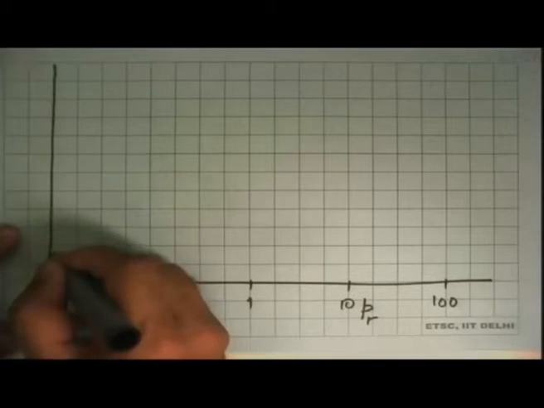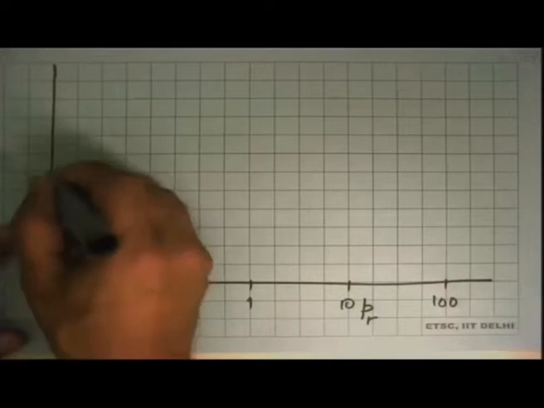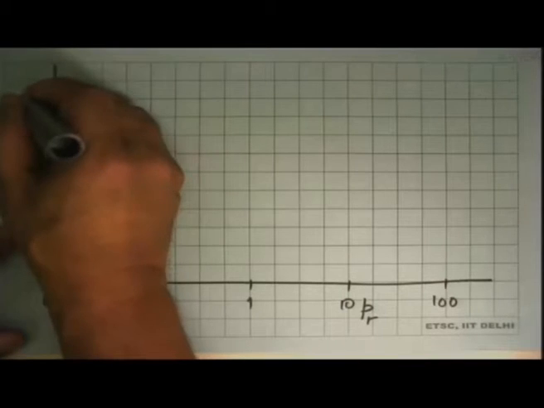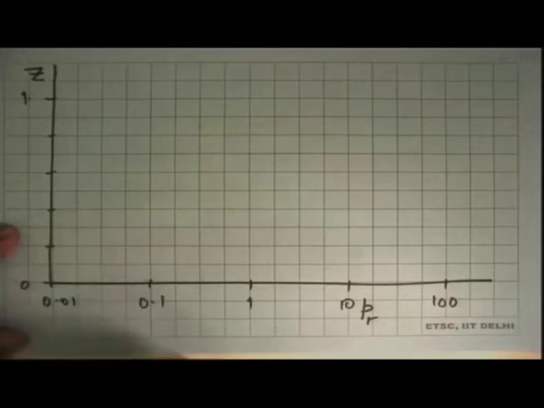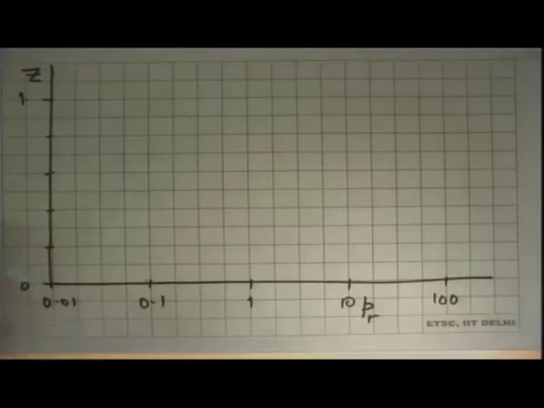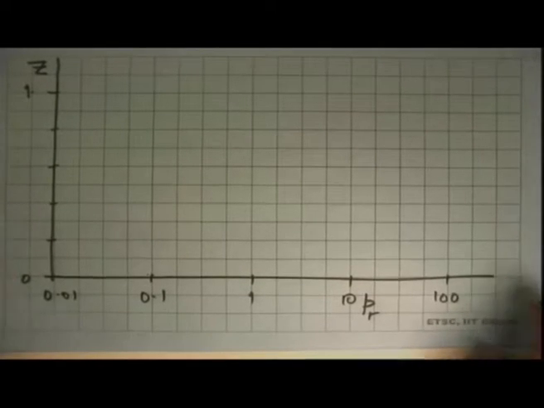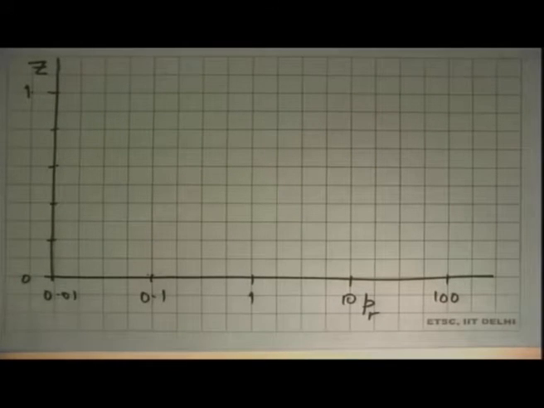We'll put Z over here, 1, 0.8, 0.7, 0.6, down to 0. And now we will draw lines of constant TR and what Z they give.